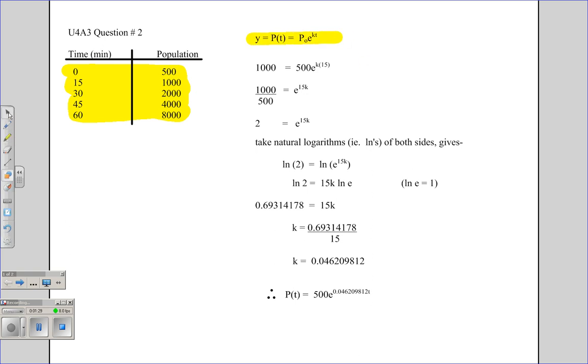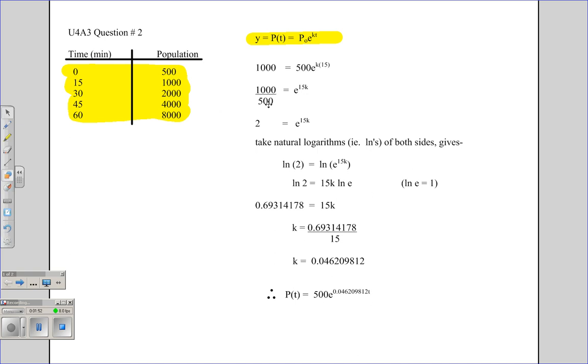We sub in any two values, 1,000 and the time of 15. Our initial value P0 is 500, and that's just e raised to the k times 15. I've just rearranged that to 15k.